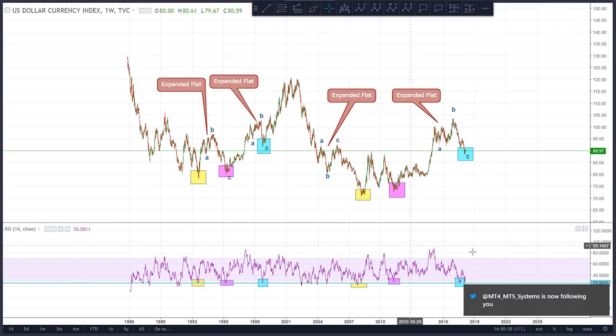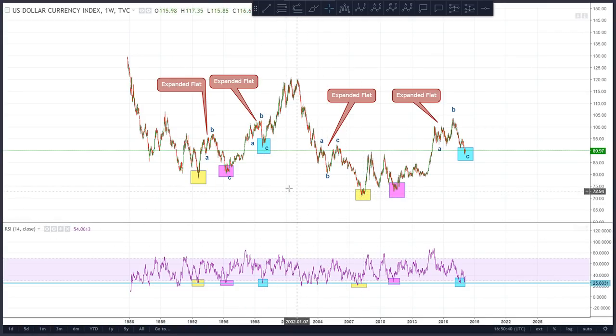All right, I should just close that one. So first of all, my count here, as you can see, I've labeled a load of expanded flats, and I'm going to explain to you how the US dollar chart loves these expanded flats. They're absolutely everywhere. One of the more complicated flat patterns, which is a corrective pattern in Elliott wave, and people don't usually see them straight away.